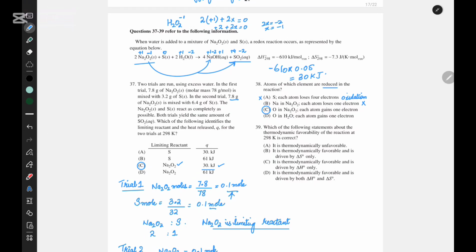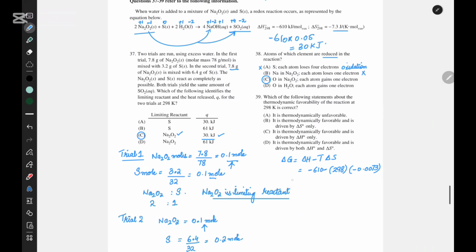Which of the following statements about the thermodynamic favorability of the reaction at 298 Kelvin is correct? So you can see one thing, delta G is equal to delta H minus T delta S. Delta H is -610, T is 298, delta S is minus 0.0073, because it was in joules, we have to convert it into kilojoules every time.